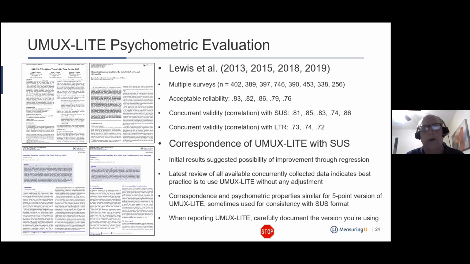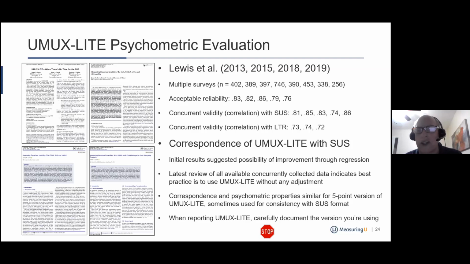Jeff Sauro reached out to the UX community and collected a bunch of unpublished usability study data that had been anonymized, enough so that we were able to run through them and look at the correlations between efficiency, effectiveness, and satisfaction, typically measured with SUS.